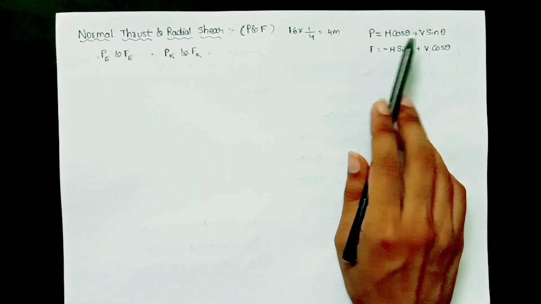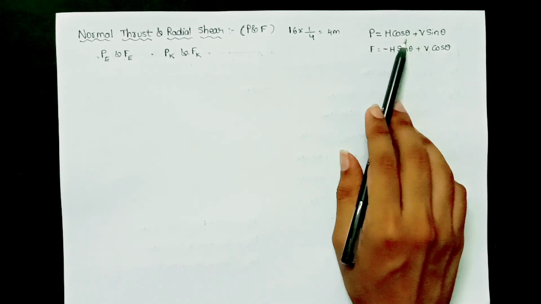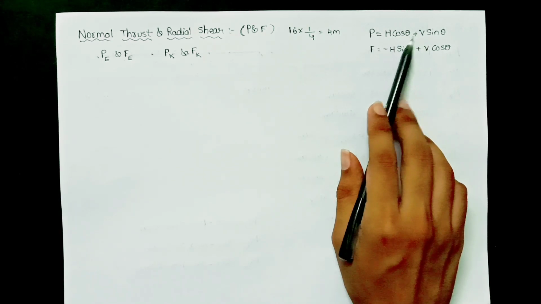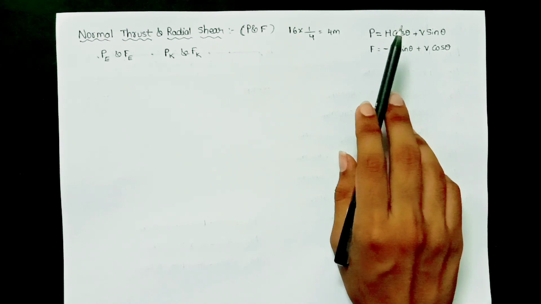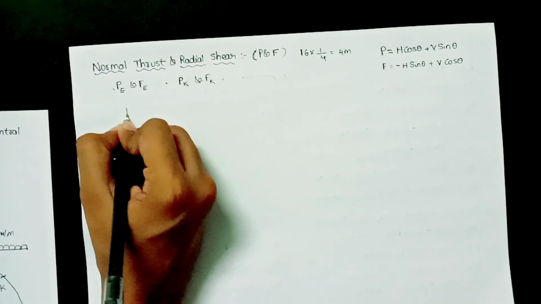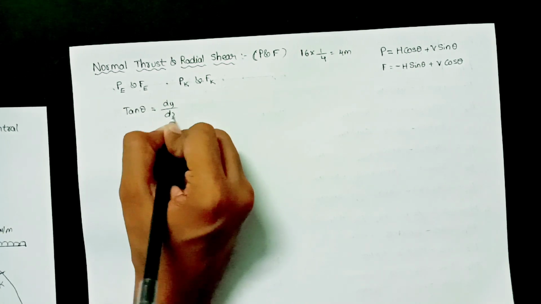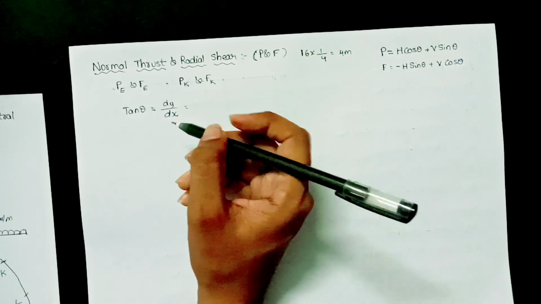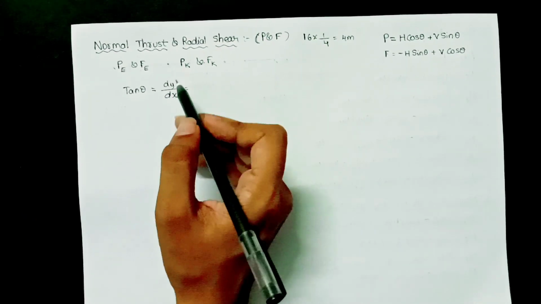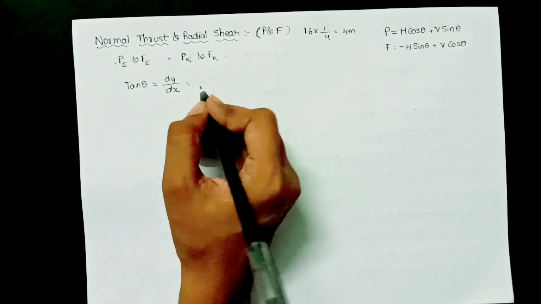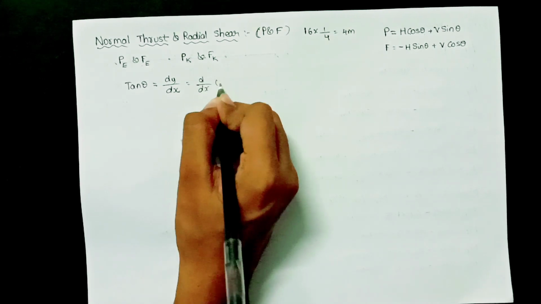So we can calculate H value and V value, but we don't know the value of theta. So to find the value of theta, we have to apply tan theta. That means tan theta equal to dy by dx. So dy by dx means d by dx of y.